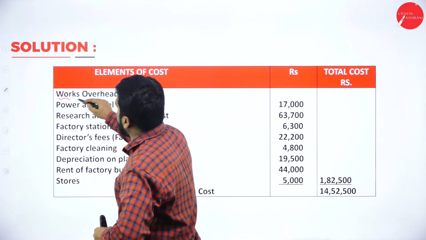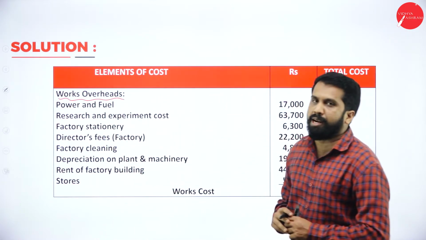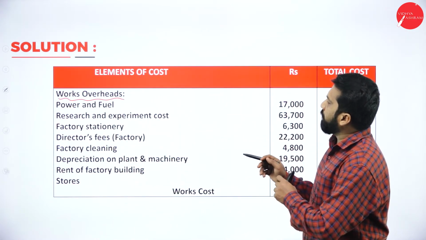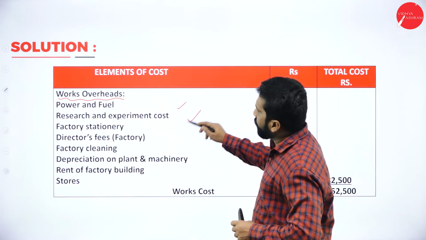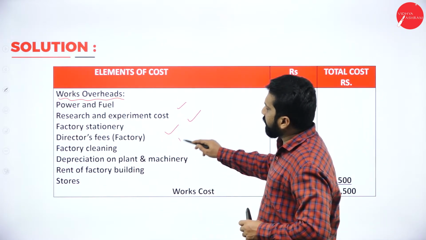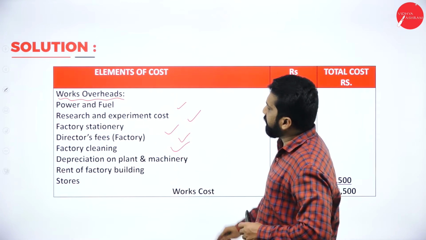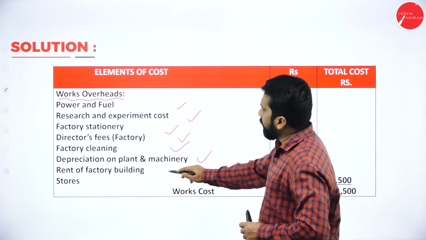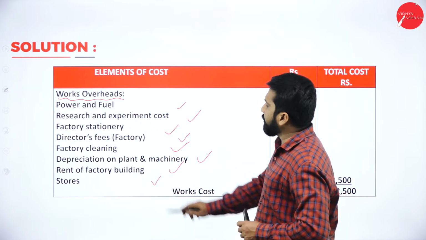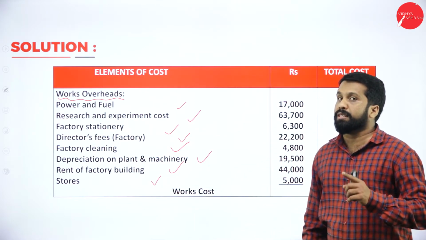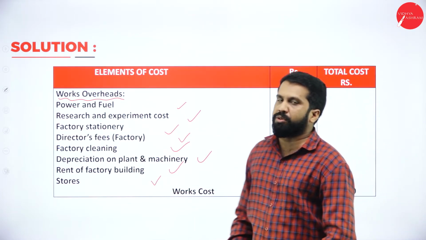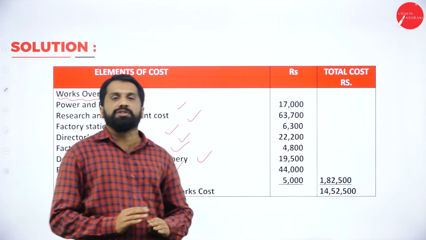What is this? Works overhead. Now, under this: power and fuel, research, factory stationery, director fees, factory cleaning, depreciation on plant, rent on factory building, as well as stores. Now, what do you mean by stores? It is not your closing stock.